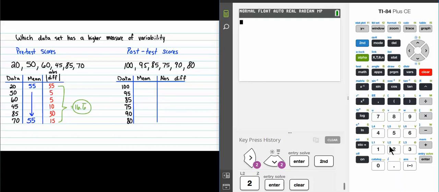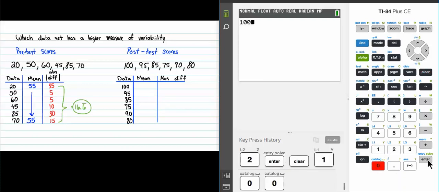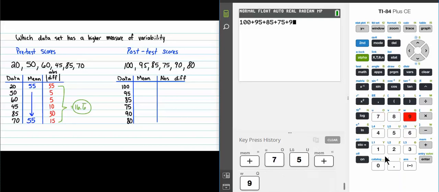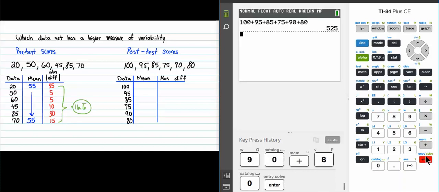And I'll do that the slightly slower method, that's fine though. 100 plus 95 plus 85 plus 75 plus 90 plus 80. So you add them all up and then divide by the number of numbers. So 1, 2, 3, 4, 5, 6 numbers. And so I get an 87.5. That'll be my mean. I'll use this number all the way down.